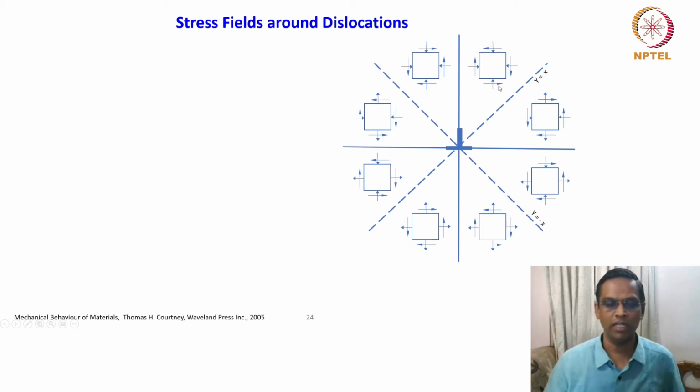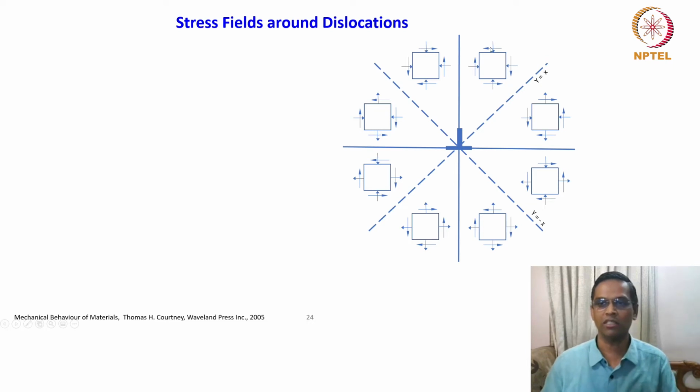We have already discussed how a positive shear stress is symbolized like this, or negative. This is positive, this is negative. So what we are trying to do by showing this here is, as such, we said that there is a hydrostatic compression and hydrostatic tension.